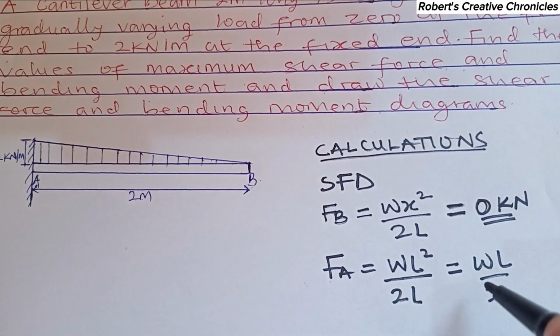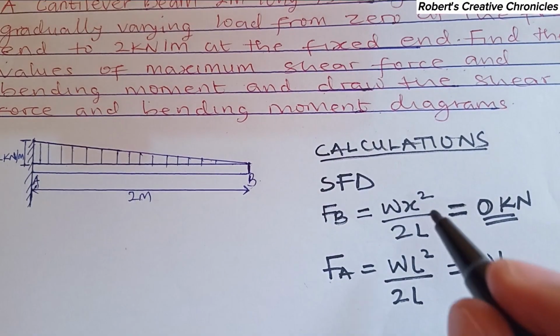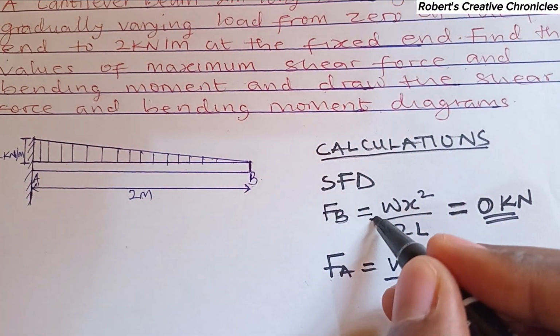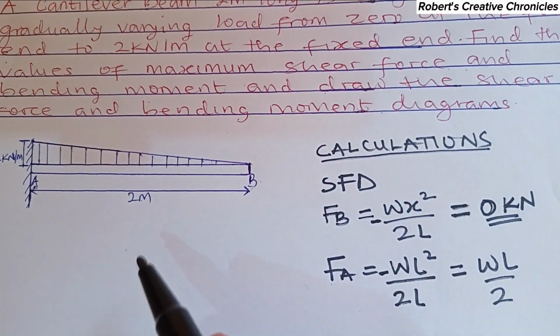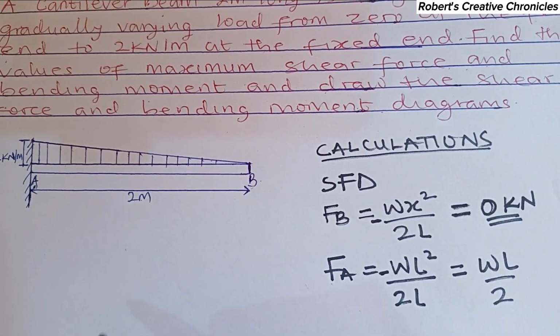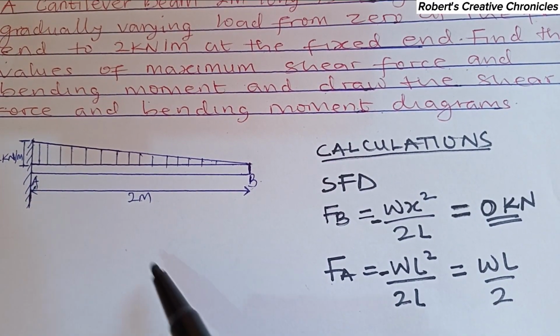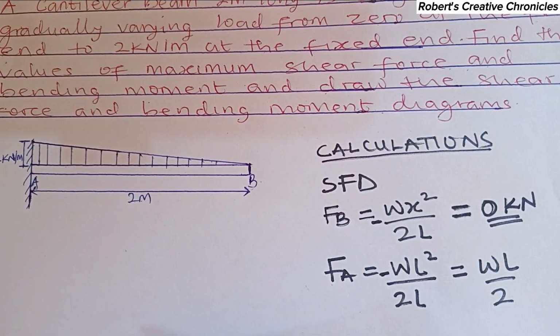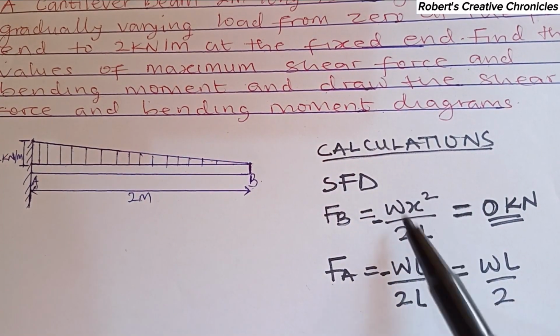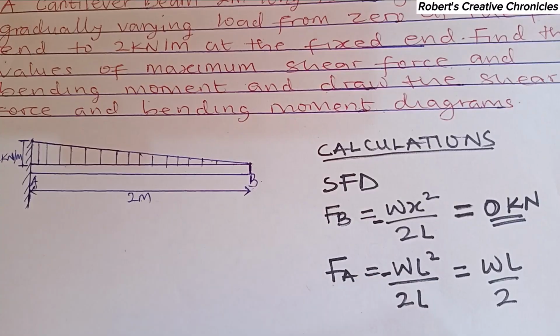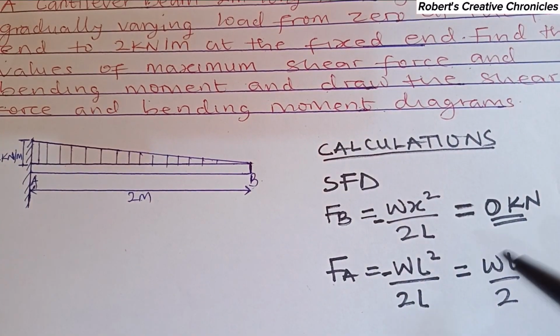WL over 2. And remember to put negative since we are using the downward convention. And we are going to draw a shear force and bending moment diagram below the x-axis. If we were drawing the shear force and bending moment diagram above the x-axis, we could have used it without adding the negative sign, but we are drawing ours below it, so we must add the negative sign.